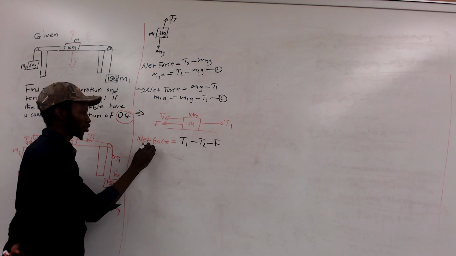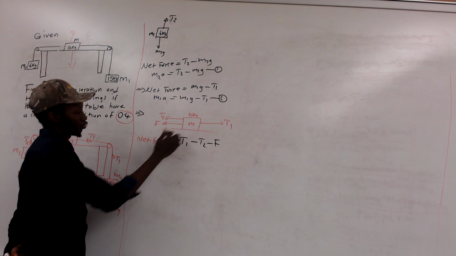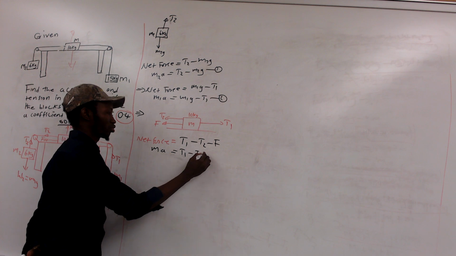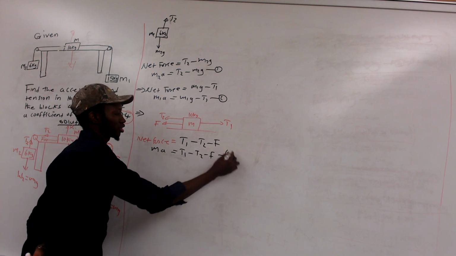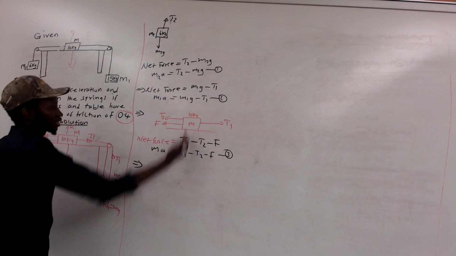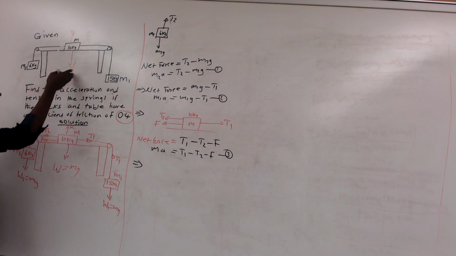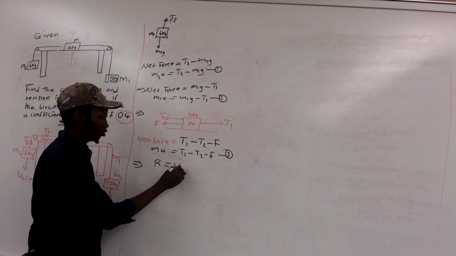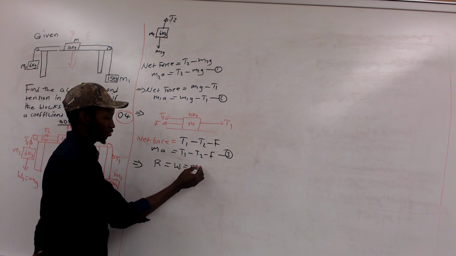So the net force in terms of M is going to be MA, which equals T1 minus T2 minus F. This gives us equation 3. You can also consider the vertical force, which is R and W. So R equals W, but W is mass times gravity, which is mg.